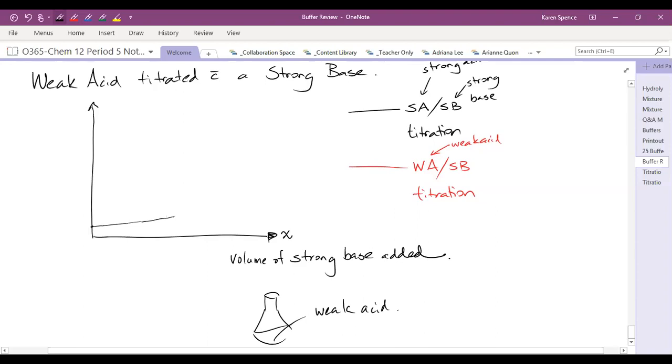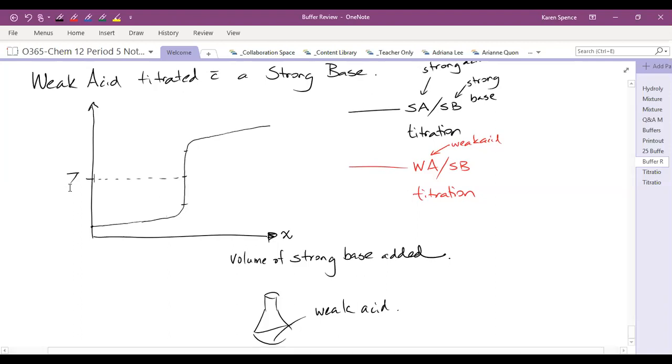And then we go up, up, up, up, and then we go across. Okay. And in the middle of that is going to be pH 7. It's going to be pH 7 right there. Okay.